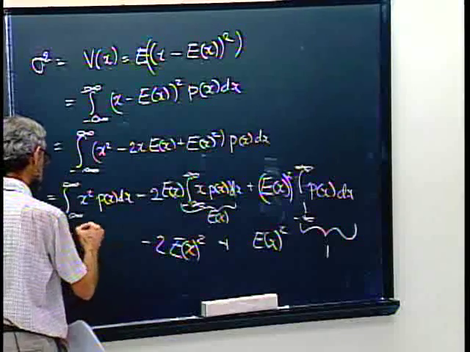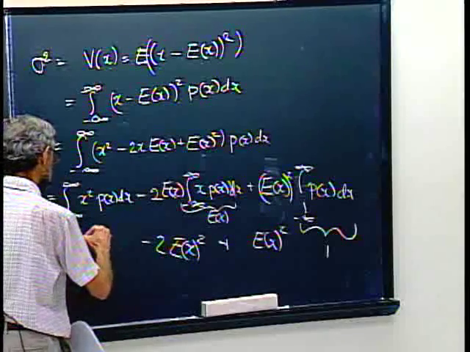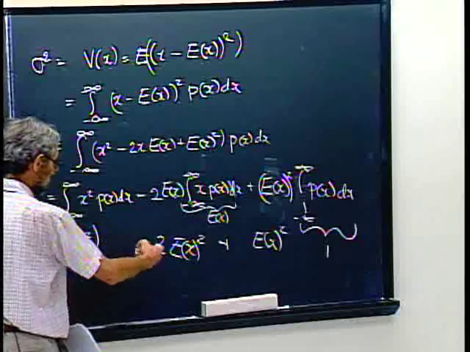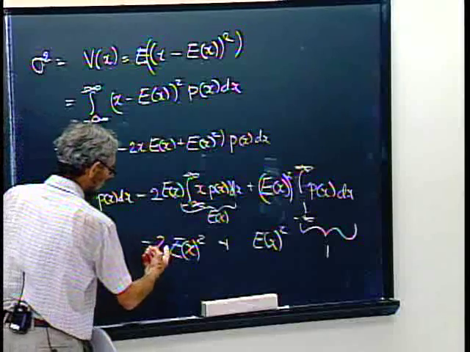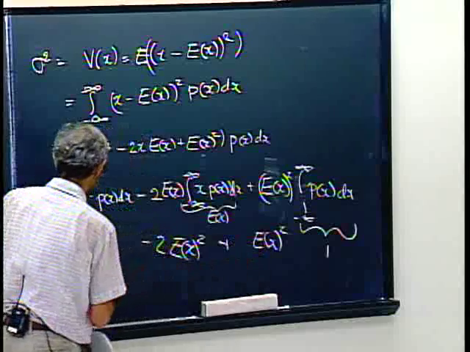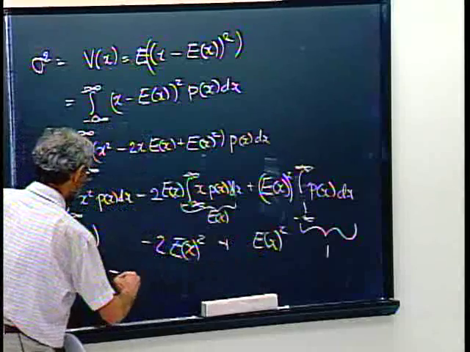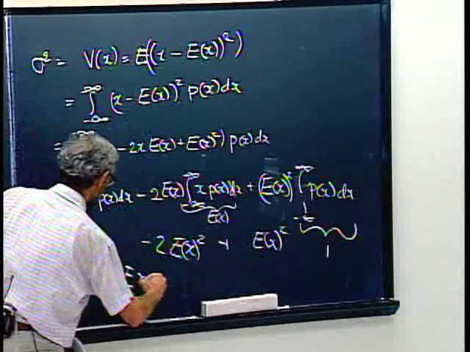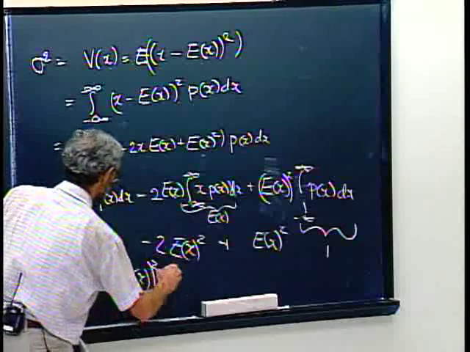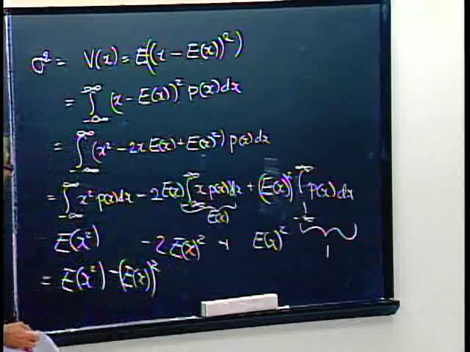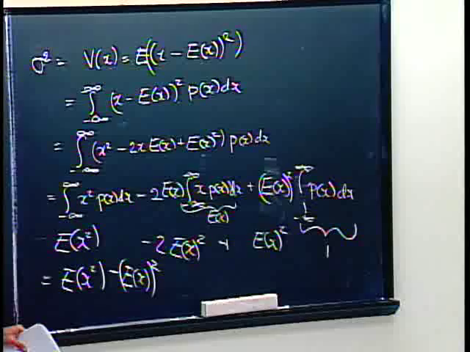That's the expectation of that function of x. So again, we have two of these terms with a minus sign and one with a plus term. So the answer is the expectation of x squared minus E of x squared. So it's basically the same proof. I'm factoring constants out of integrals instead of applying the distributive law to finite sums.